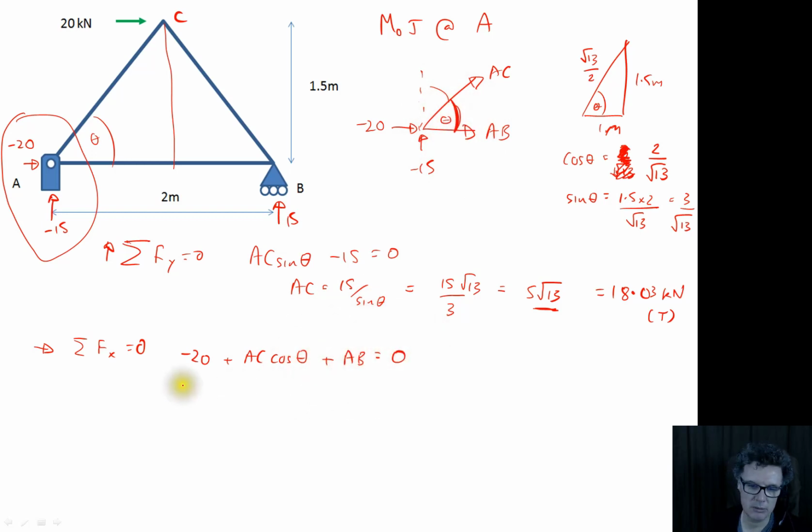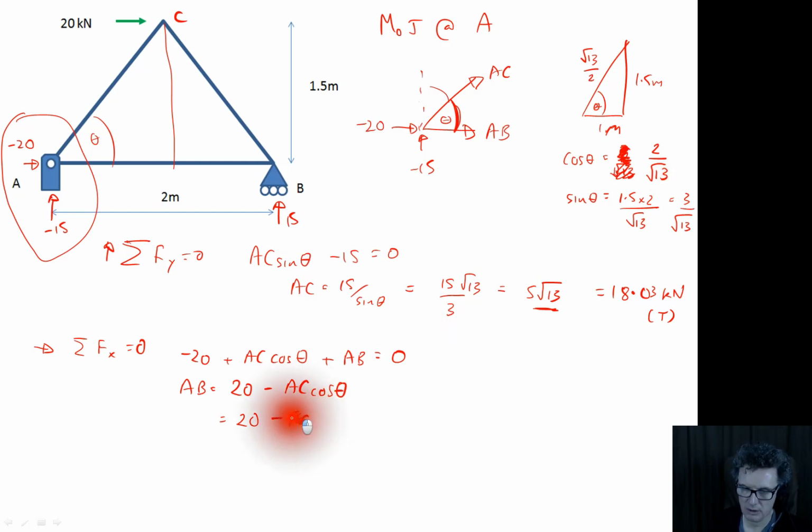We're looking for AB, so let's rewrite this. AB equals 20, take away AC cos theta. 20 take away AC, and we found what AC is. I'm going to use this irrational number here, and we're going to use cos theta there.